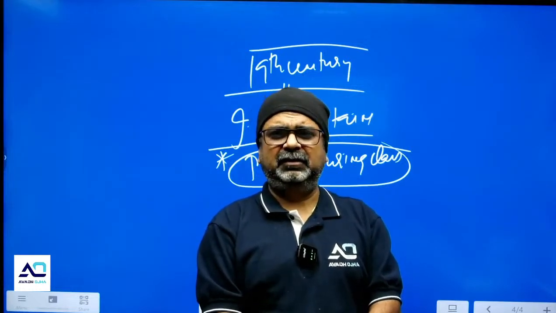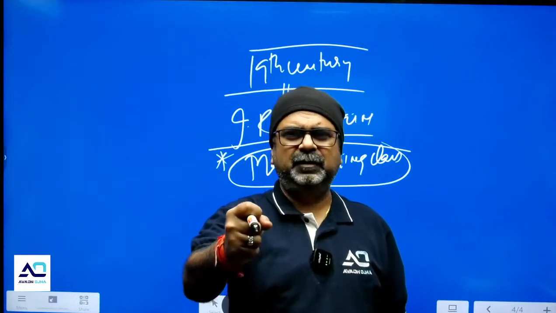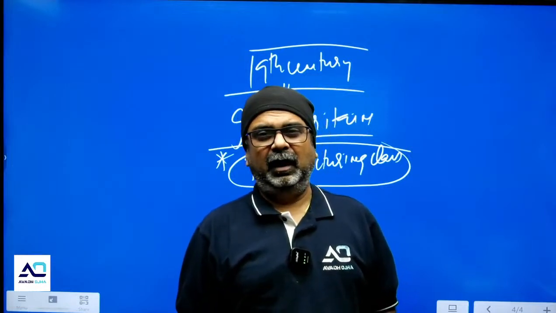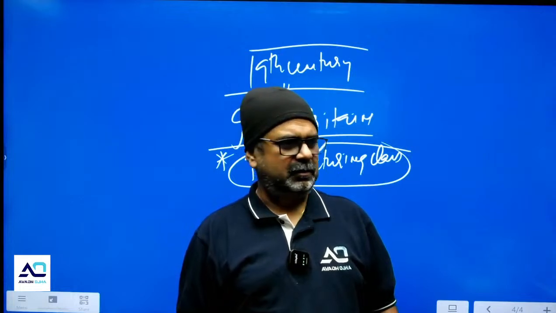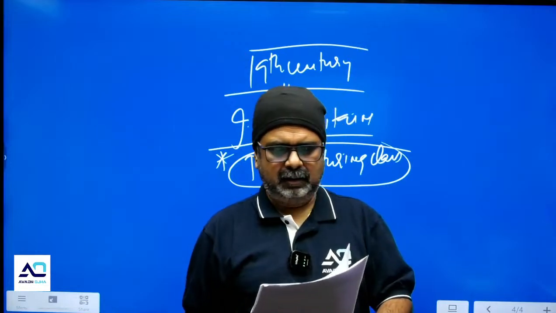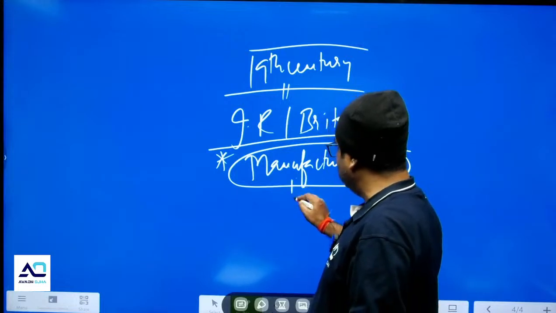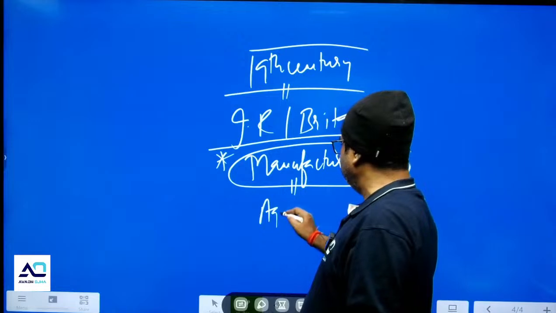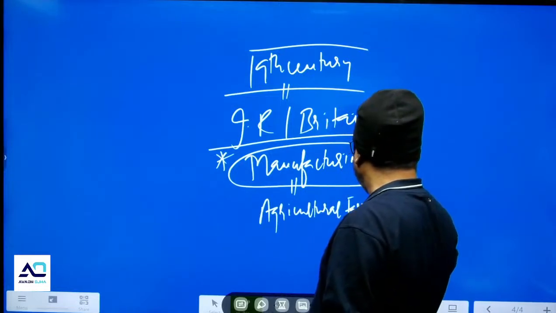In every generation, a gang of capitalists become dominant. Today's generation, the war is going on between Android and Huawei. So, 19th century: this manufacturing class of Britain decided the fate of India. And India became agricultural farmhouse for industrial Britain.